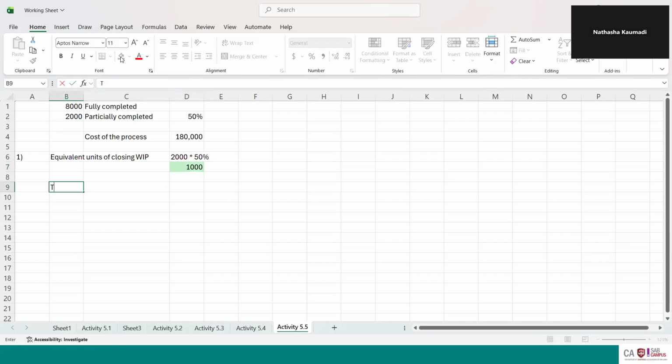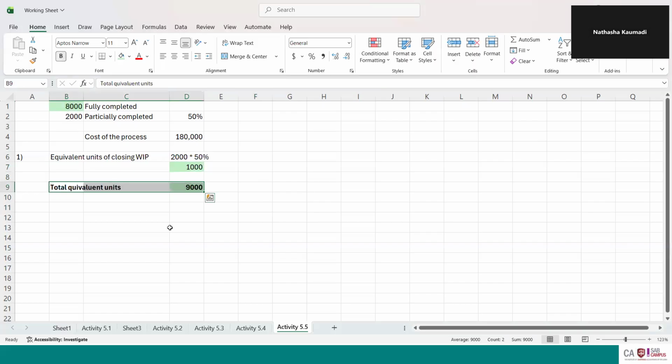Then what is the total equivalent units? Total equivalent units means the fully completed 8000 plus the equivalent units of closing WIP, whatever amount you have calculated, 1000. Altogether, 8000 and 1000 together, you have 9000 total equivalent units.